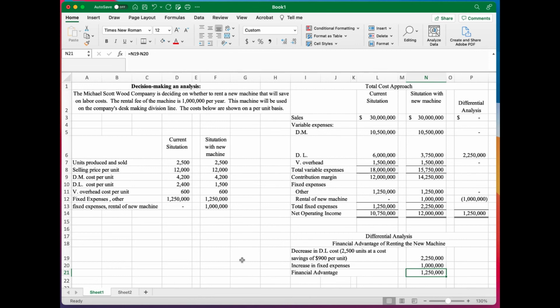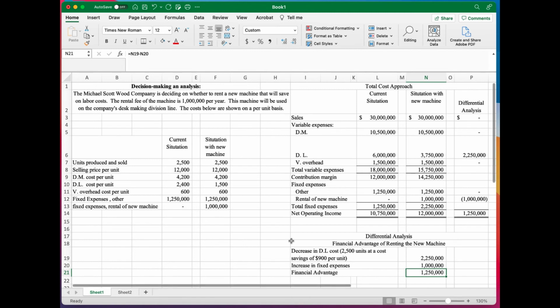Okay, that's number 1. Number 2, the total cost approach is confusing. It's confusing because it mingles relevant costs and benefits with irrelevant costs and benefits, okay?